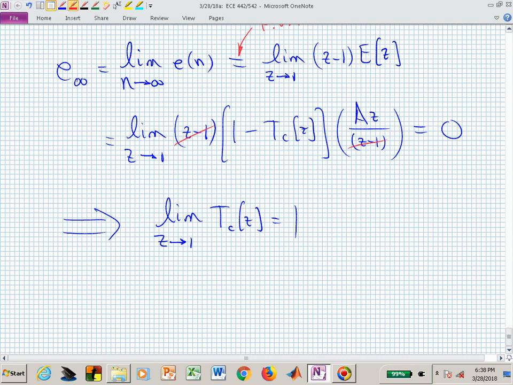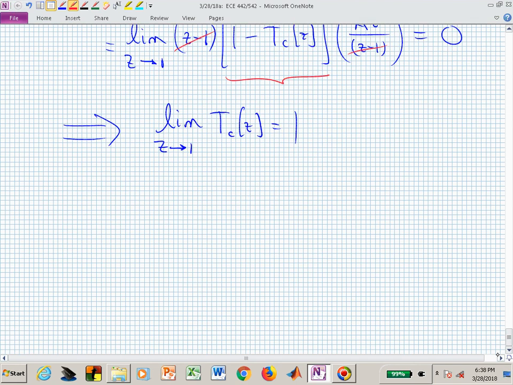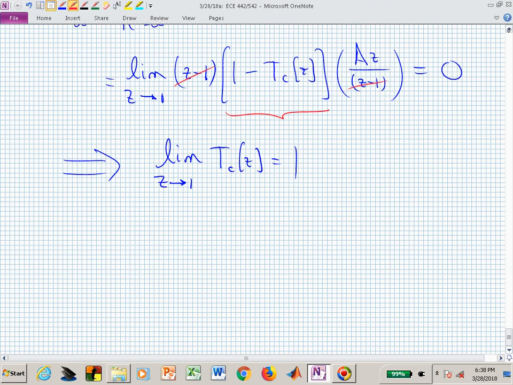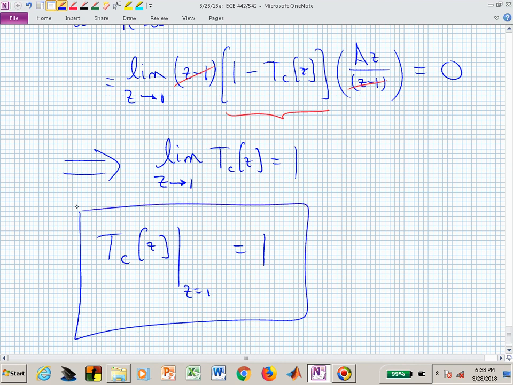And it's all playing on that. We're forcing that to equal 1 when we take the limit as z goes to 1. But what is happening to T sub c of z when z goes to 1? What have we called that? Or we could say that T sub c of z at z equal to 1 is equal to 1. We're just calculating the DC gain of that desired closed loop transfer function.